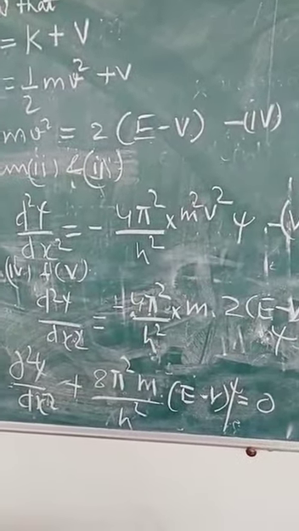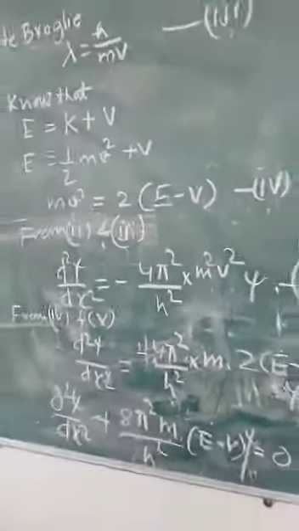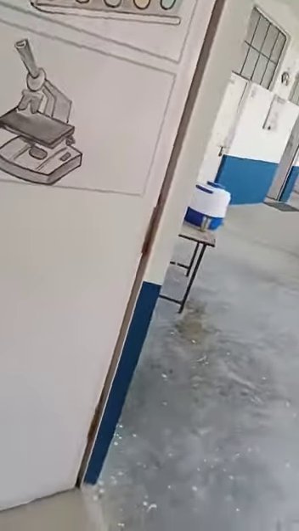For x, y and z axis, you can write d square psi dx square plus d square psi dy square plus d square psi dz square plus 8 pi square m into E minus V upon h square psi equal to 0.